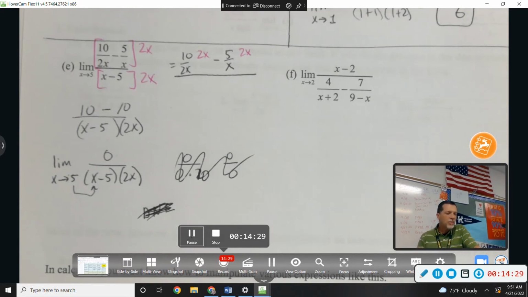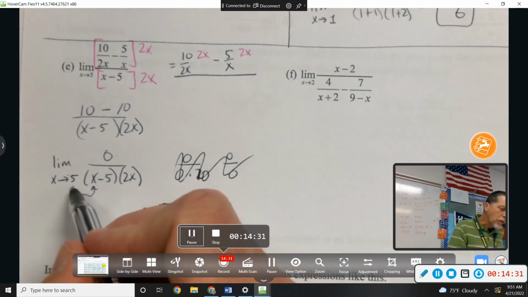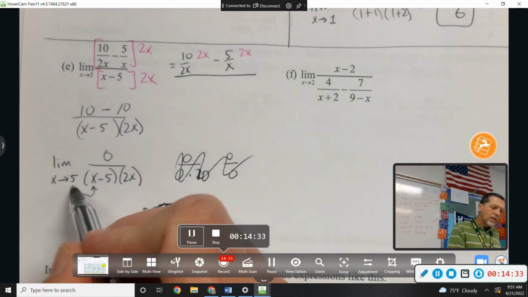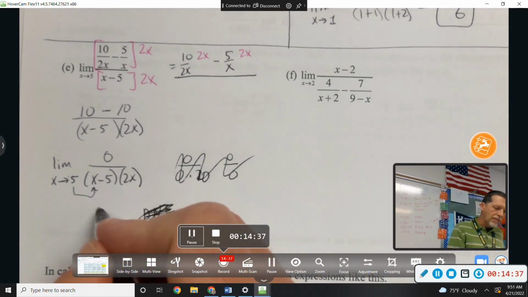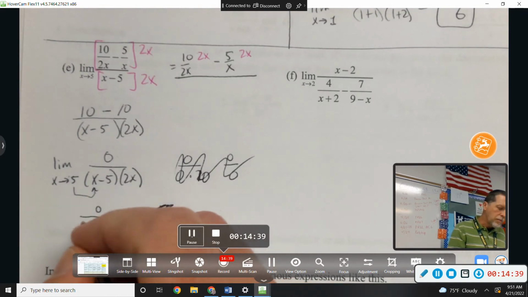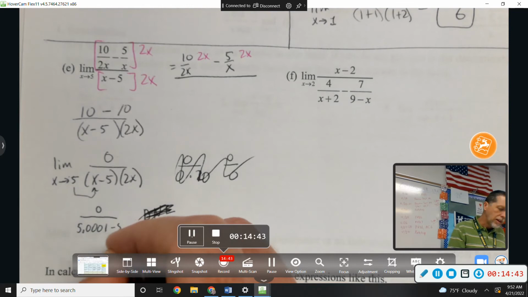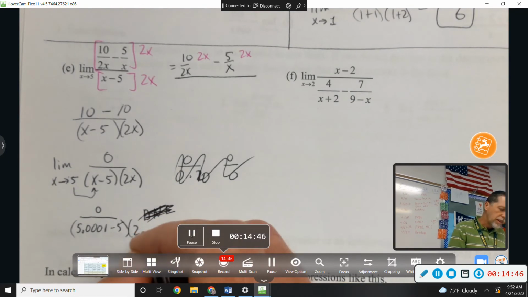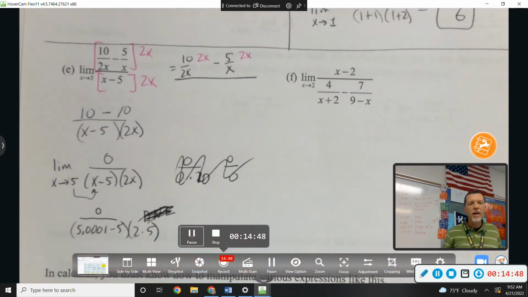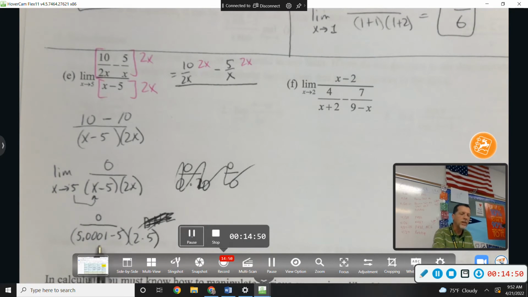The bottom, like when we say x approaches 5, that means we're getting really, really close to 5. So 0 divided by like 5.00001 minus 5 times 2 times 5. This is a tricky one.